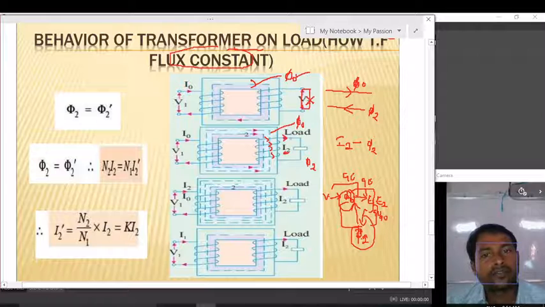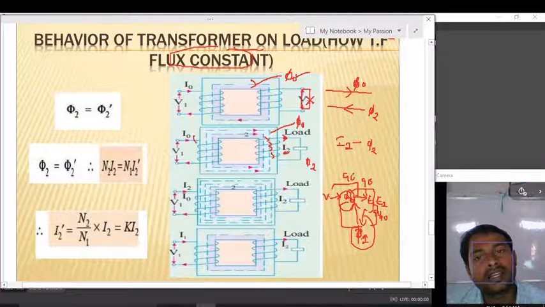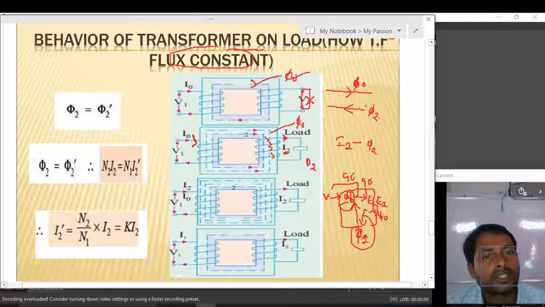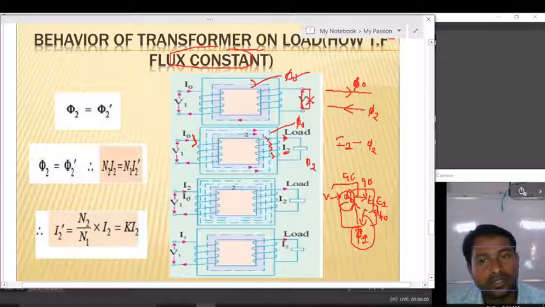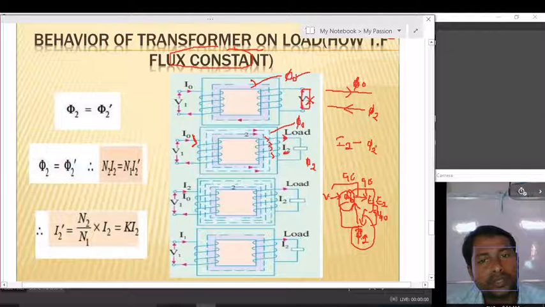So if load current is drawn from the secondary circuit of a transformer, the increased current must come from the primary side. To compensate for the flux produced by the secondary, a flux must be produced by the primary of the transformer, equal and opposite.